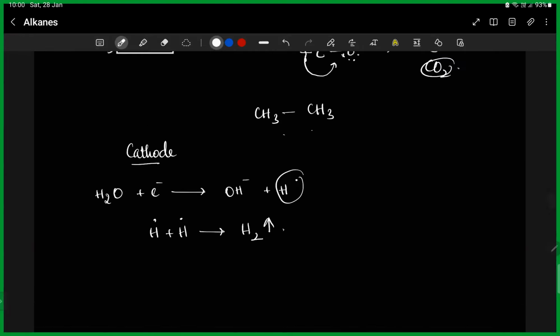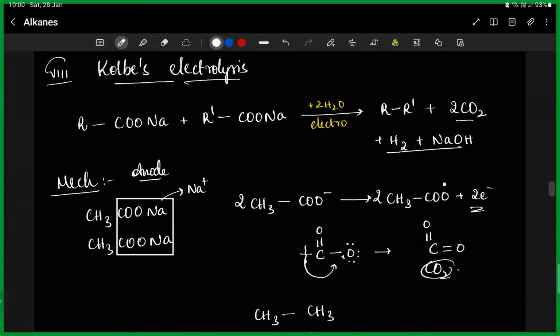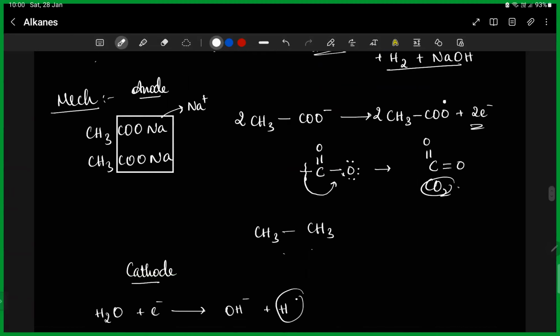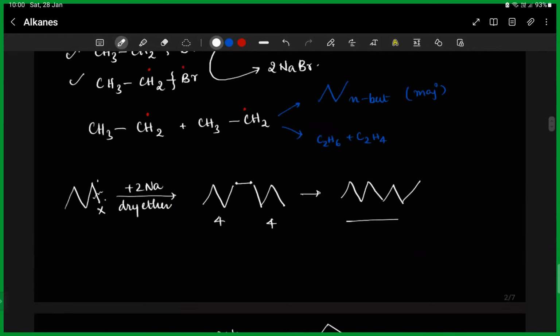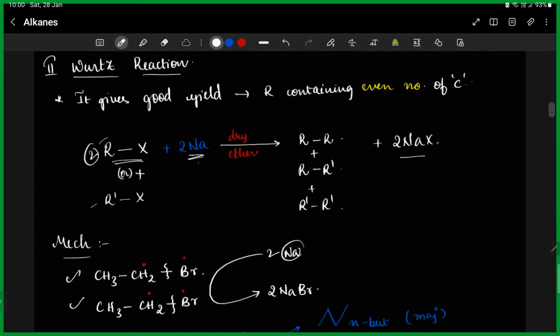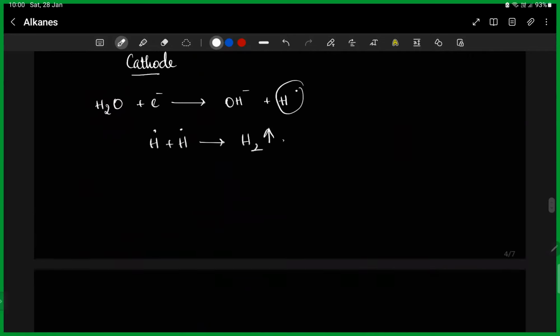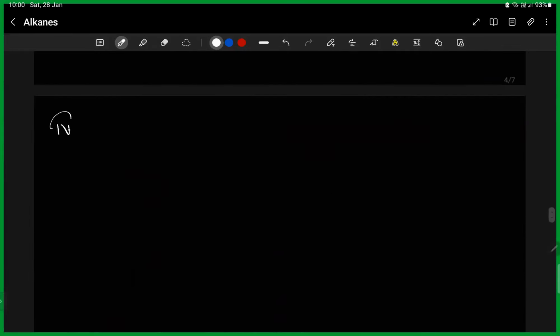These are the cathode reactions, and those are the anode reactions. This is the complete Kolbe's electrolysis. The important point here is that you electrolyze it and an R–R' bond is formed, a new carbon–carbon bond. So this is Kolbe's electrolysis. And the next reaction is from Grignard's reagent. Okay, cool. So we have Grignard's reagent.